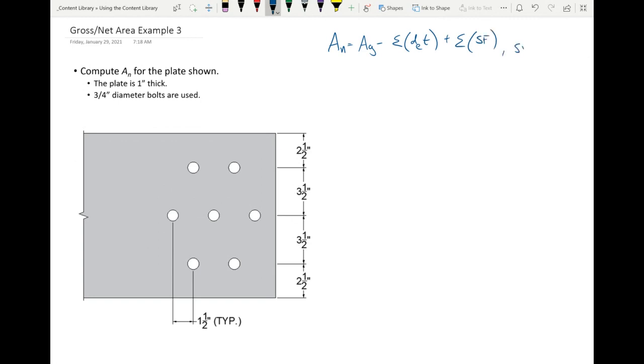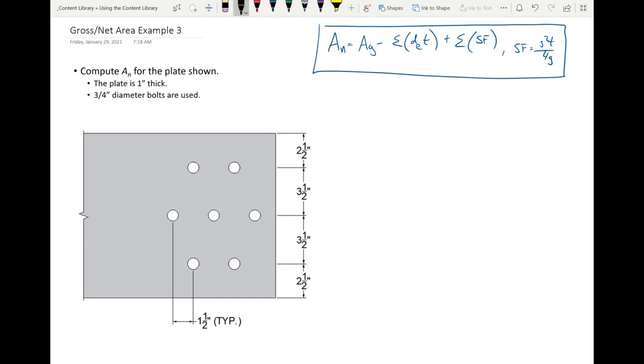And remember, stagger factors are S squared over 4G times the thickness. Let's start off with the gross area.